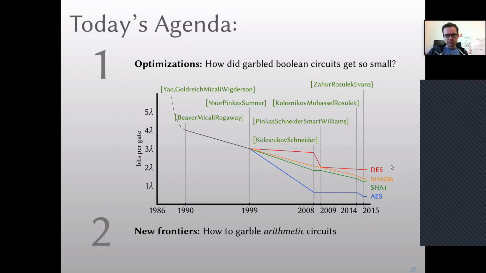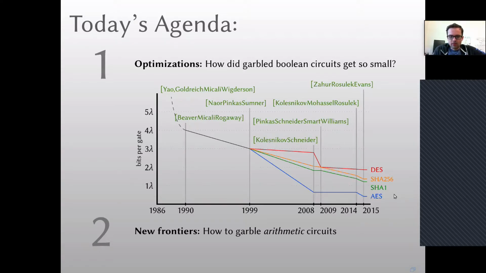There's nothing special about these 4 circuits, just 4 different standard circuits that are easy for us to obtain. So people have posted these boolean circuits on their websites. So when we measure garbled circuits, we use these standard benchmarks. And so these different optimizations work differently for different particular circuits. So the main thing today is to tell you about these different optimizations and how they work, and how they make garbled circuits so small.